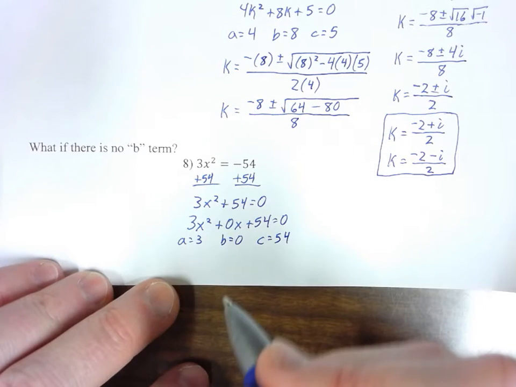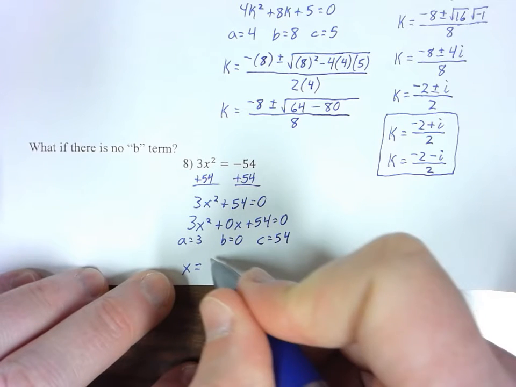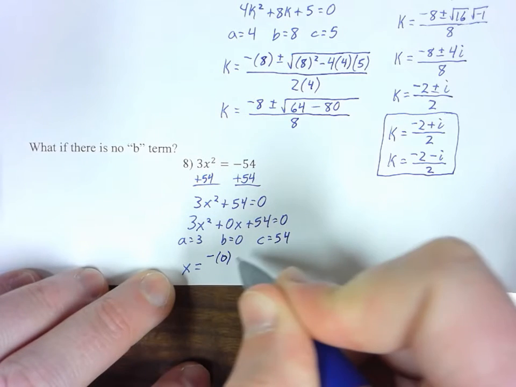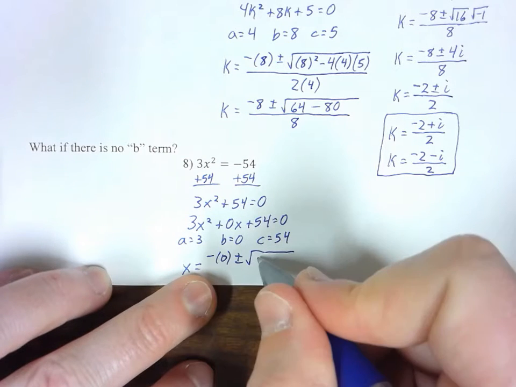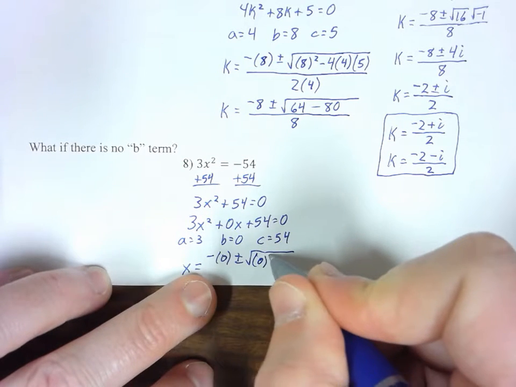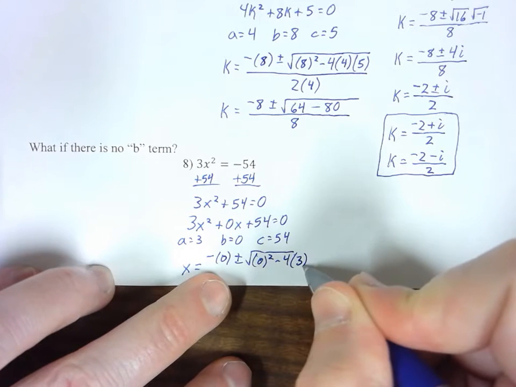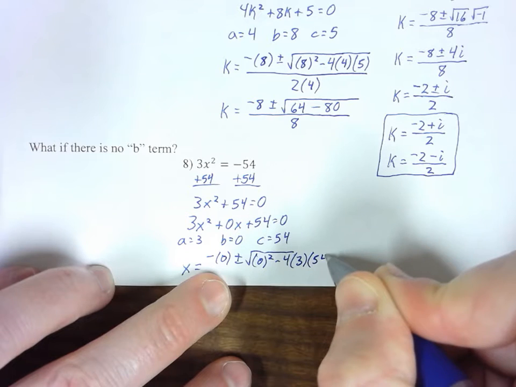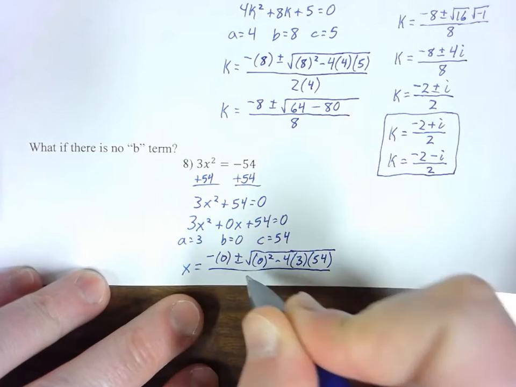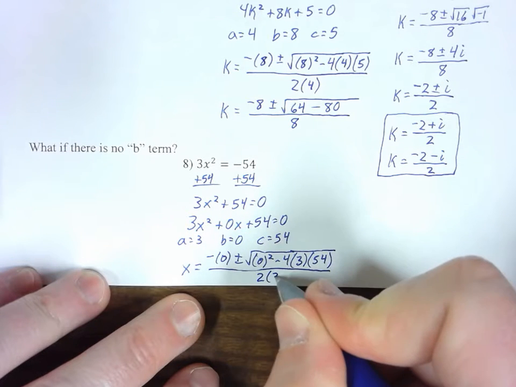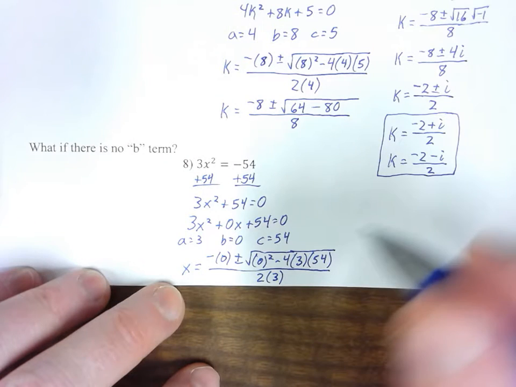Now in my formula, x equals the opposite of b is 0, plus or minus square root of b, which is 0, squared, minus 4 times a, which is 3, times c, which is 54, all over 2 times the a value, which is 3. So the opposite of 0 is 0.